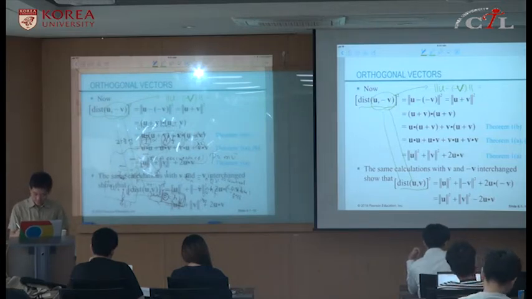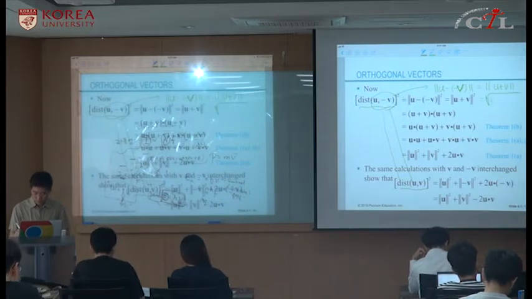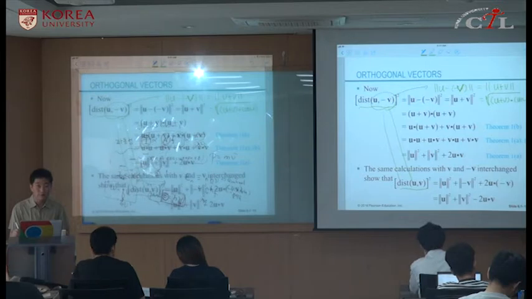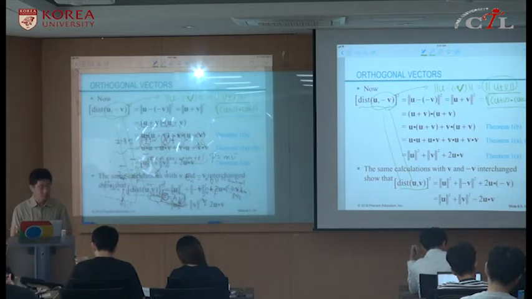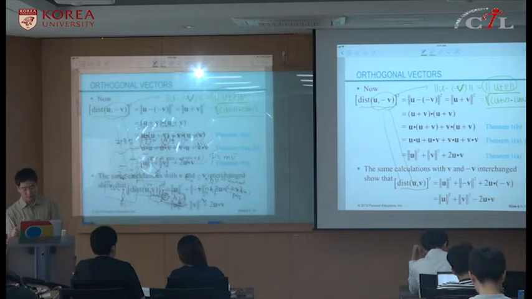And then we have the norm of u plus v, and we now change this norm operator into the inner product, like u plus v and u plus v. So we now utilize this: it's the same as the square root of the inner product of the same vector, right?